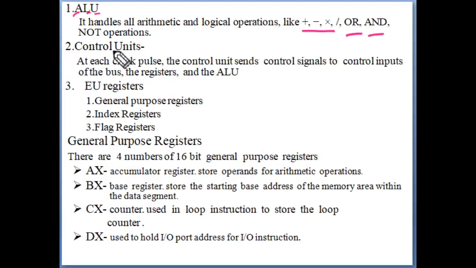Then the second part is the control unit. What is its role? The computer has a clock, which generates clock pulses. At each clock pulse, the control unit receives an instruction, and every instruction has an opcode and an operand.